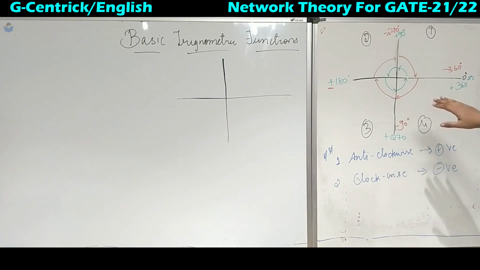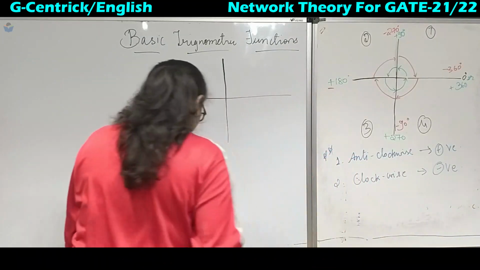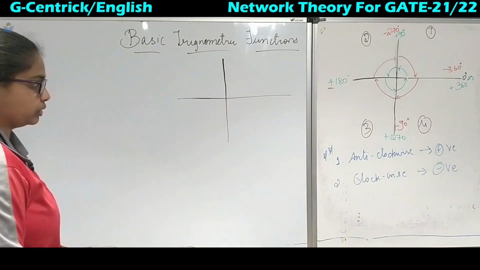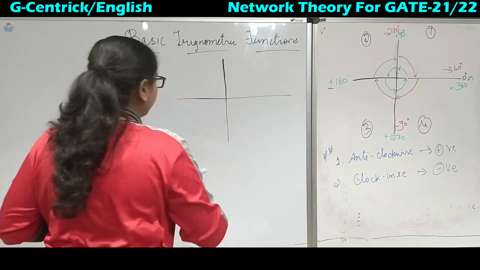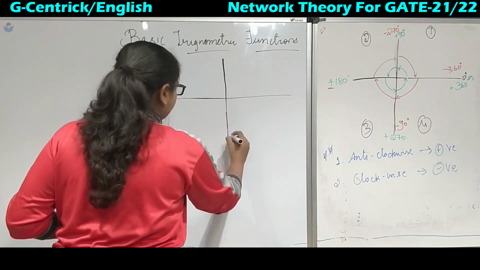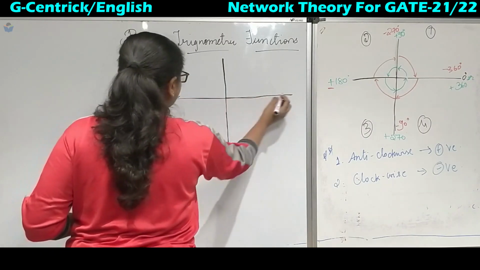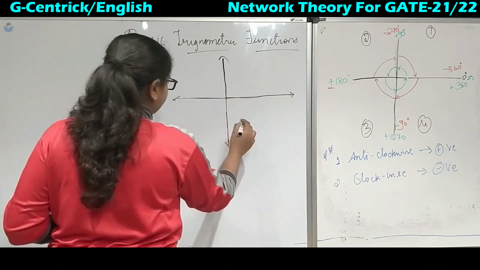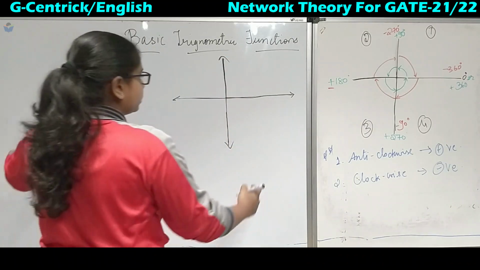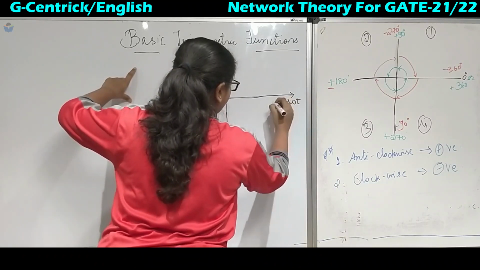Okay, so keeping this as the base, we will move on to the trigonometric functions. I will draw it a little darker. Now this is the y-axis, this is the x-axis.